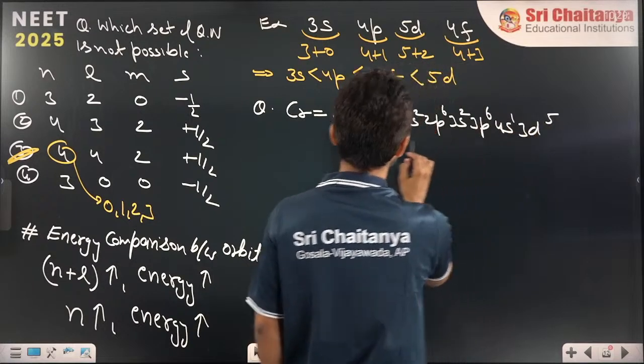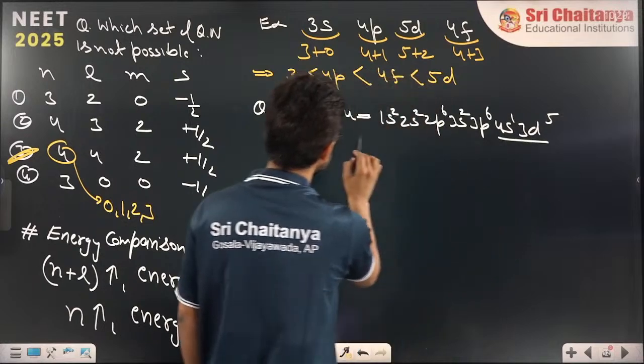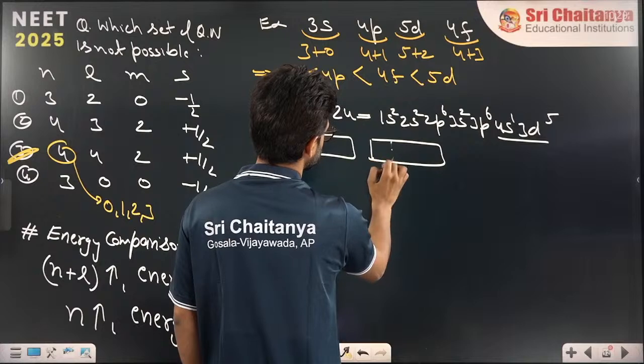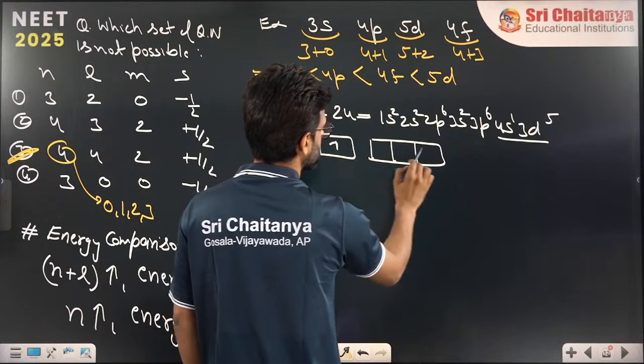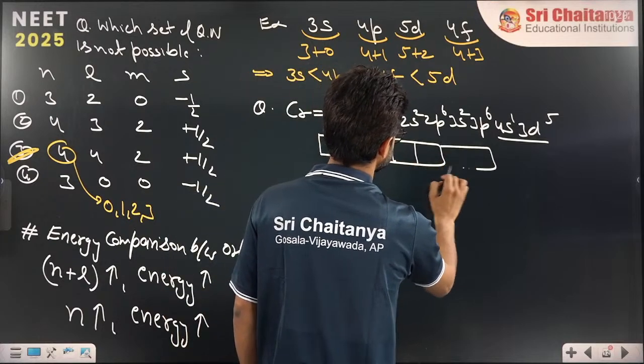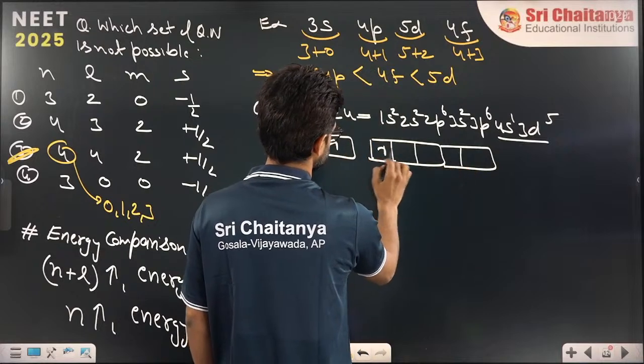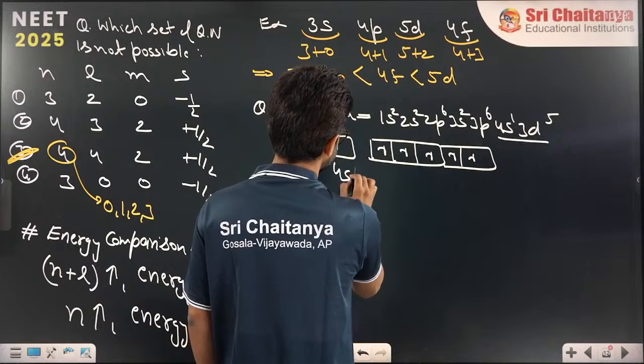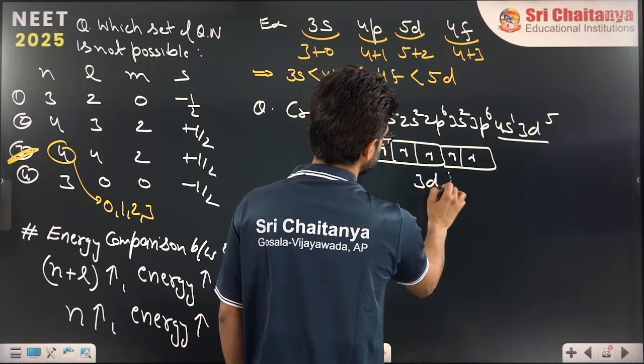If you look carefully at the last part, 4s1, 3d5, you have to answer me: which rule out of the 3 rules is it breaking?